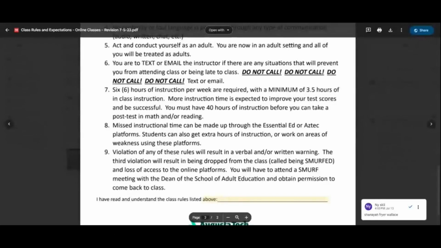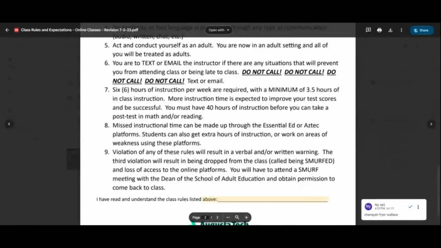All right, here's what I need you to do. Okay, that is my Google Voice number. I need you to send me a text that says the following. My name is whatever your name is.